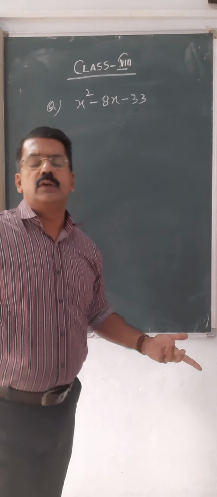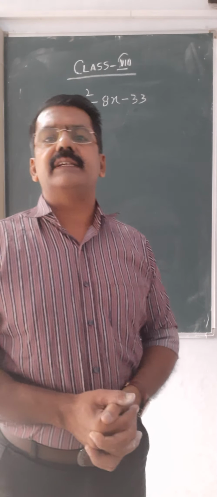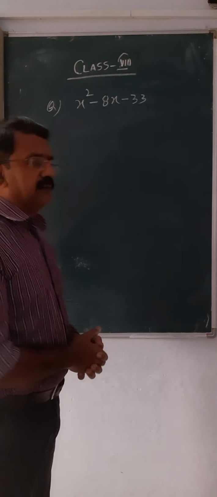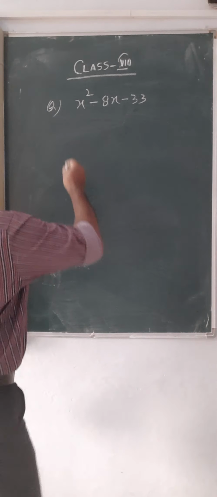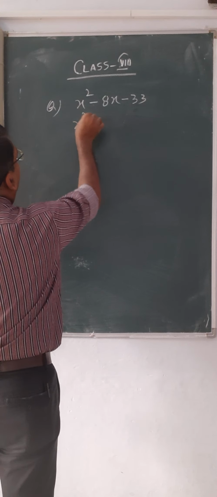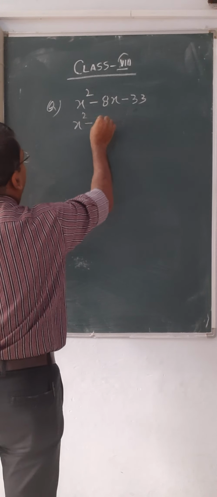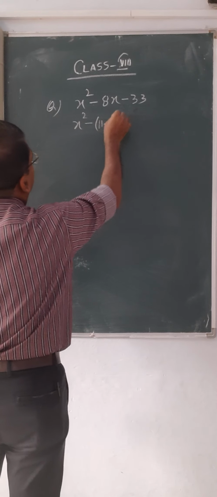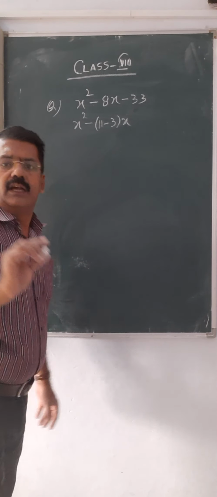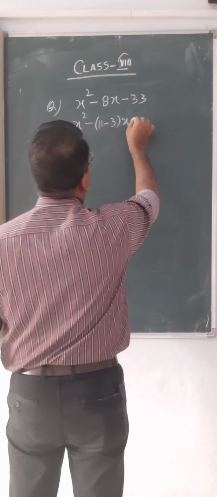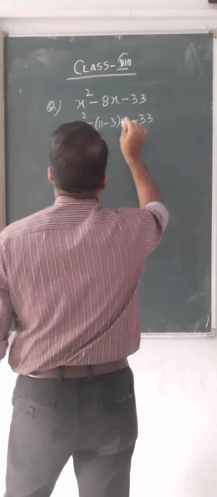You know there are only two factors of 33, that is 11 and 3, and the difference is also 8. So we can write it as x square minus, in place of 8 you write down 11 minus 3, because you know that 11 minus 3 is 8.